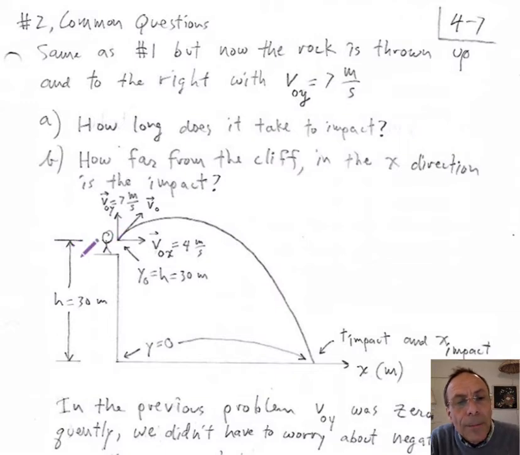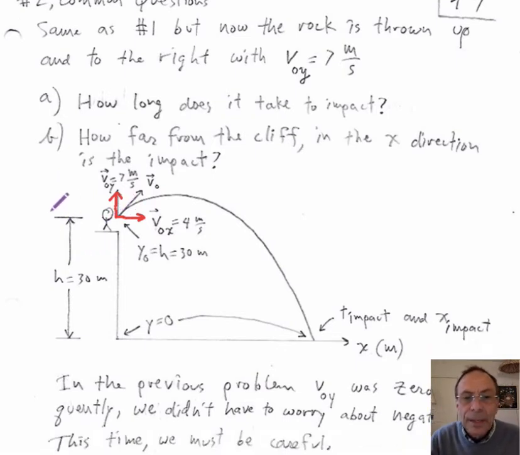So here's my cliff, and here is my initial velocity, my v0. And the x component is the same as before. It's still moving 4 meters per second in the x direction, but simultaneously the y component is 7 meters per second in the y direction. So these are the initial velocities. All right.